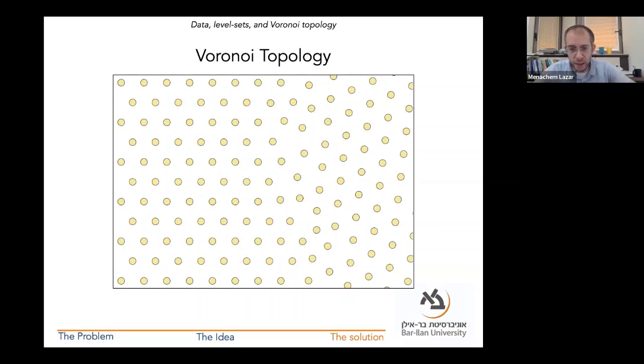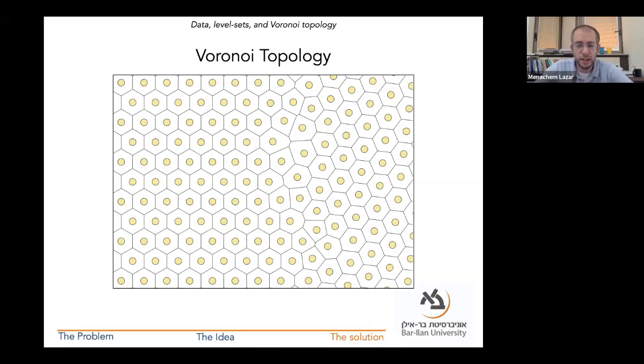So what I'm going to do is look at the Voronoi tessellation. I could have put a definition, but I didn't. The Voronoi tessellation of a bunch of points is some way of partitioning the space into regions closer to one particle or one point than to any other.